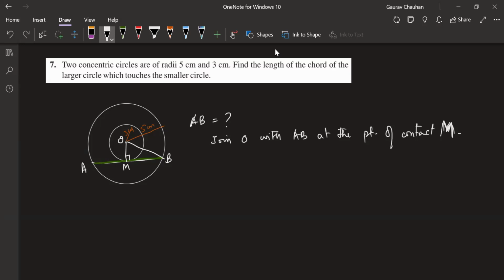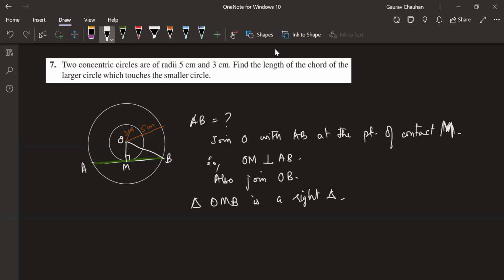Now what does this lead to? Therefore we get OM perpendicular to AB. Also join OB. Now, triangle OMB is a right triangle.